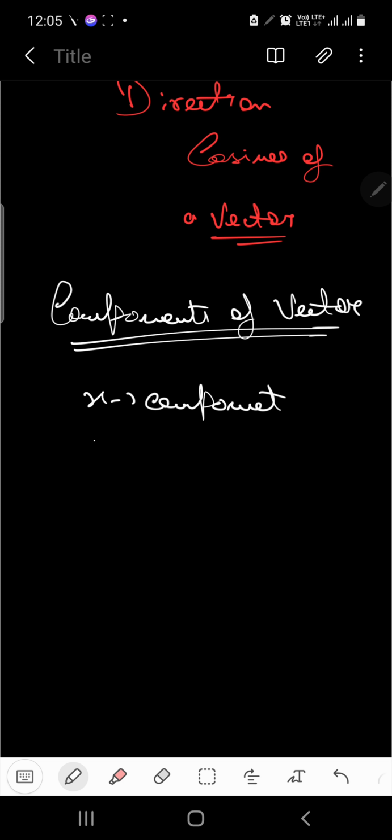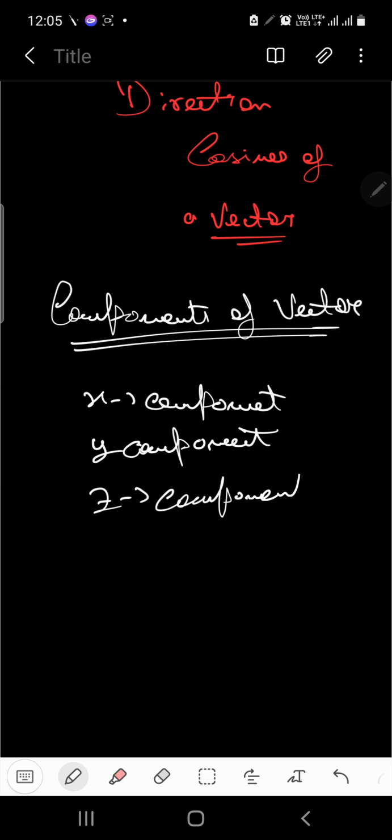Clear? Then we have the y component, its position or direction with respect to y axis, and z component, direction with respect to z axis. I guess it's understandable. Clear? Now how to understand what is the component with respect to x, y, and z.